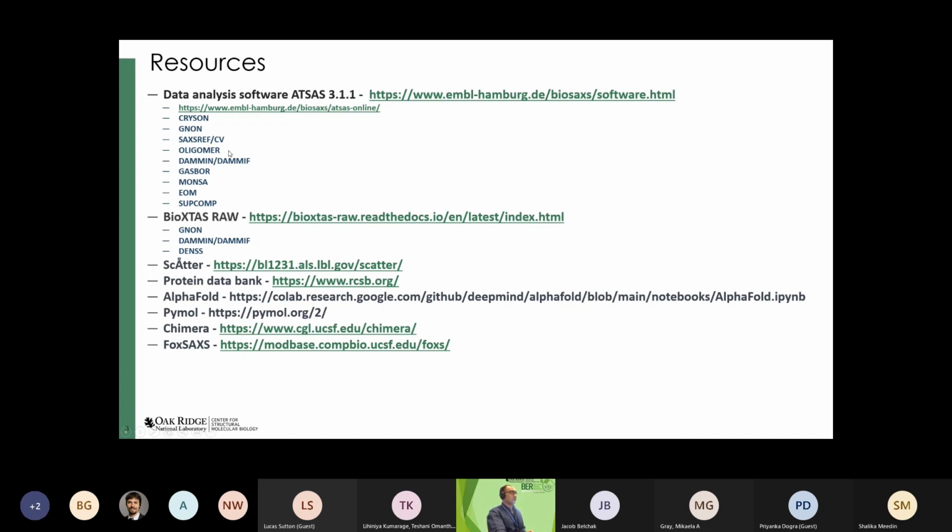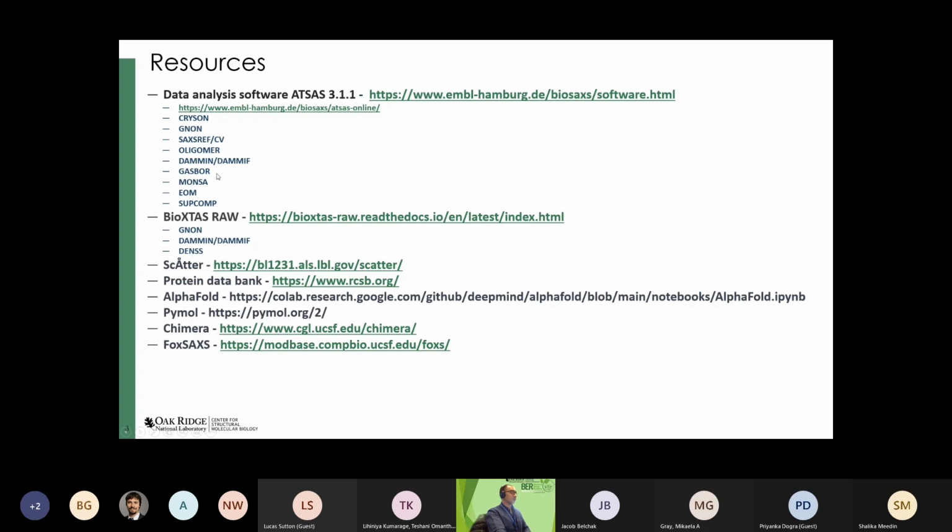If you have a mixture, you can use OLIGOMER to try to resolve the different species in your data. DAMMIN and DAMMIF can be used to do ab initio modeling, so you can calculate a low resolution envelope for the molecule of interest.